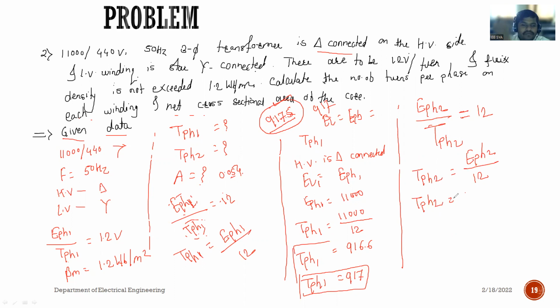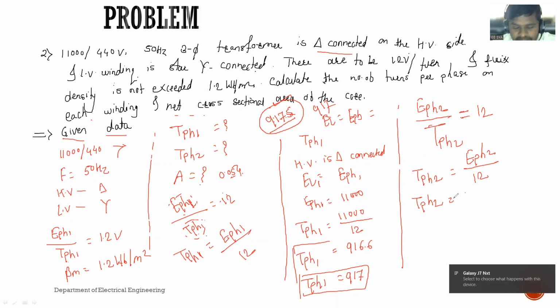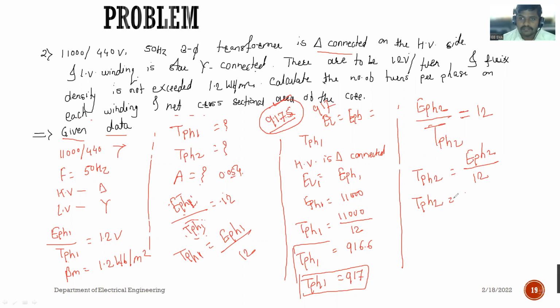TPH2 ची value, that is turns per phase on the secondary side. Secondary side चा number of turns per phase. 36.6. किती यूज केलं EPH2?